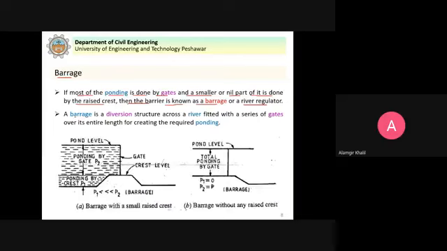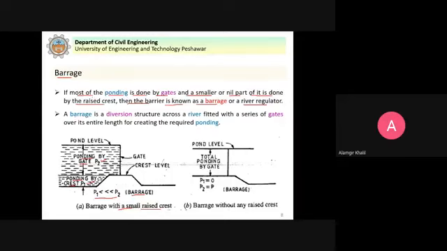You can see here that in case of a barrage with a small raised crest, ponding by the crest is P1, and ponding by the gate is P2. So in case of a barrage, P1 is very small as compared to P2.